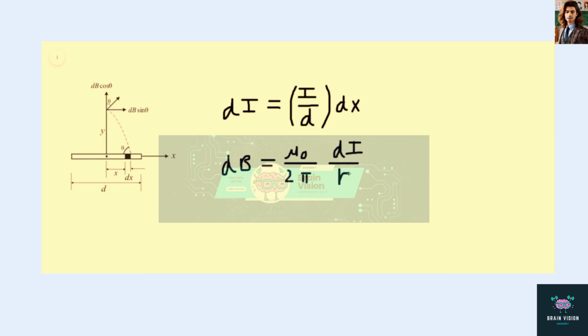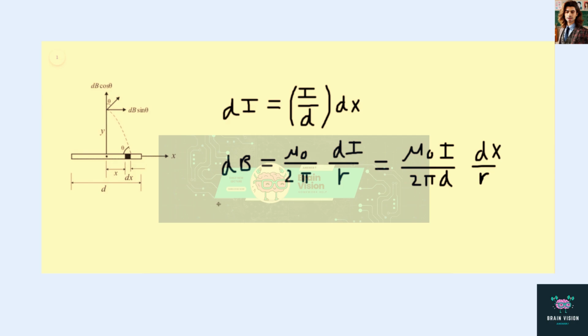So r would just be the distance away that we're considering. We can substitute our dI value in above, and what we have is mu naught I over 2 times pi times d times dx over r.